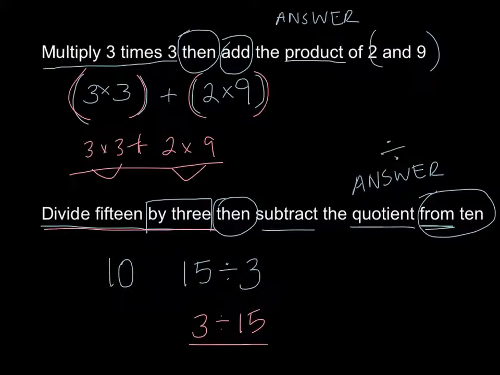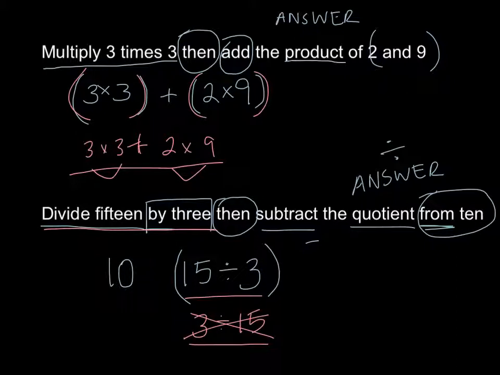And if I read this, this says 3 divided by 15, which does not match the words. If I read this, it does say 15 divided by 3. So I'm going to divide 15 by 3, "then" tells me that I need parentheses around this so that I solve the division first. The last thing I have is subtraction.